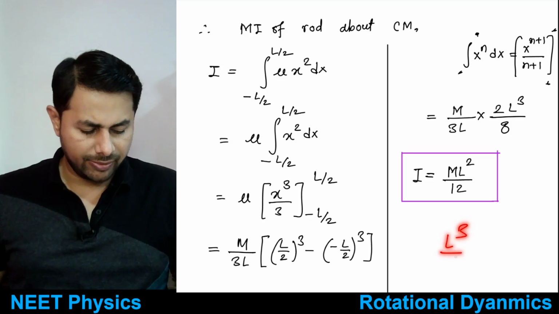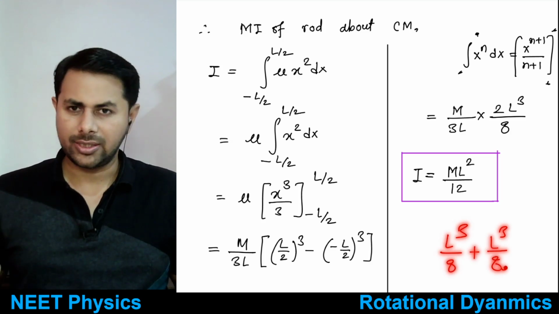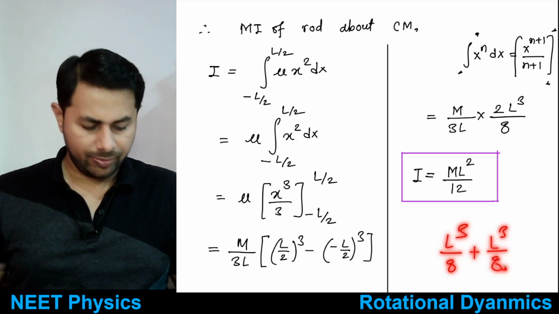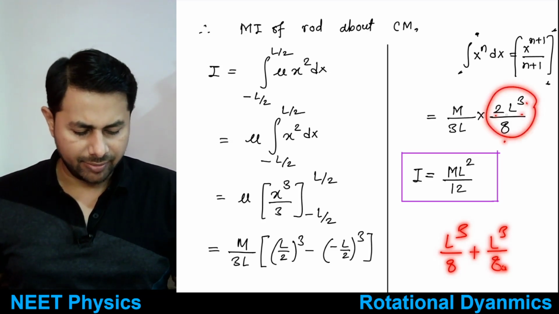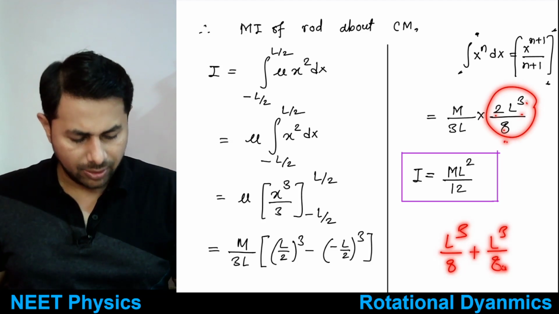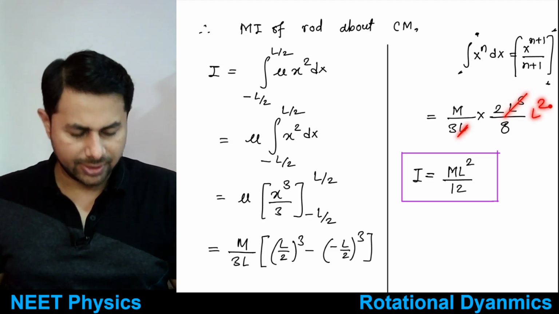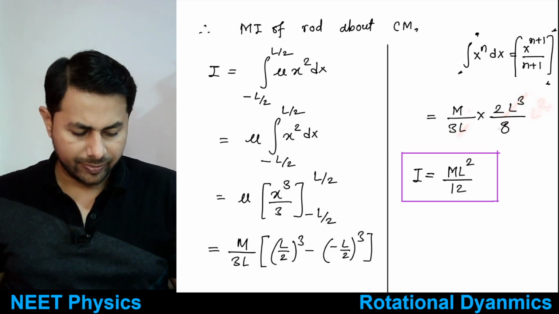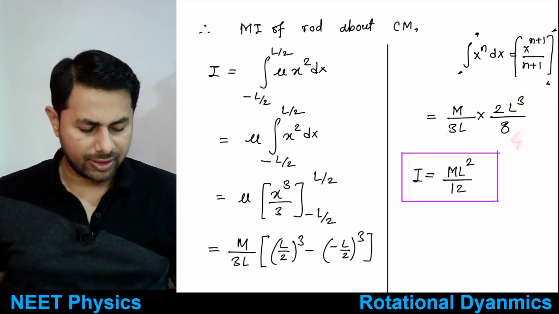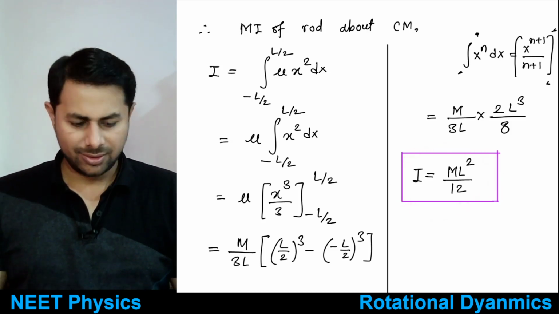So L cube divided by 8 plus L cube divided by 8 is 2 times L cube upon 8, or you can say it is L cube divided by 4. Now this L cube gets cancelled with this L and you have L square left. So it is ml square divided by 4 times 3, that means ml square divided by 12. Right? This is clear?